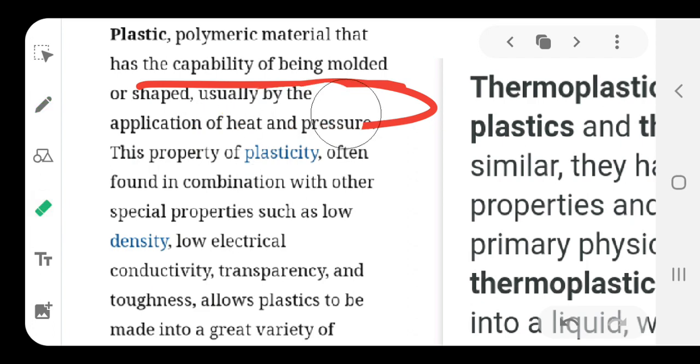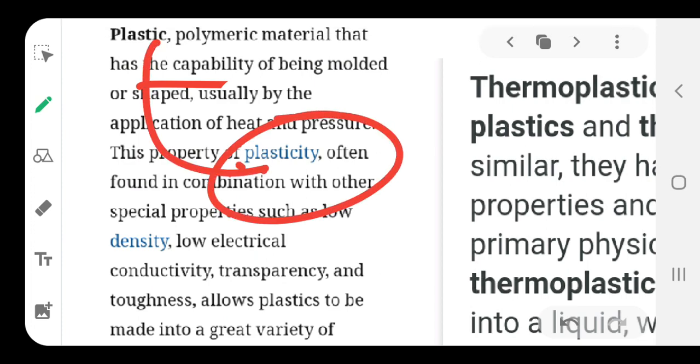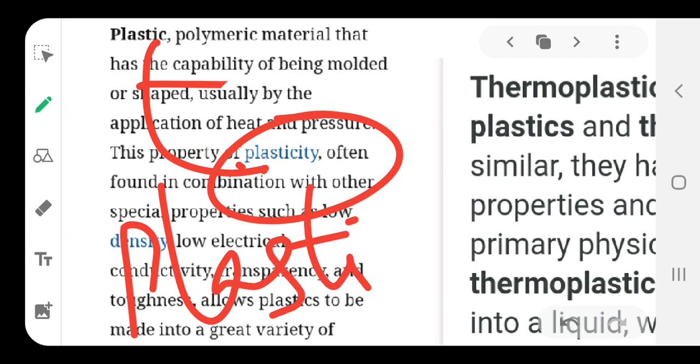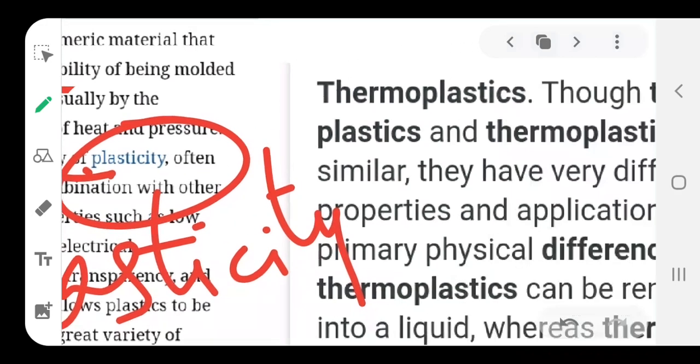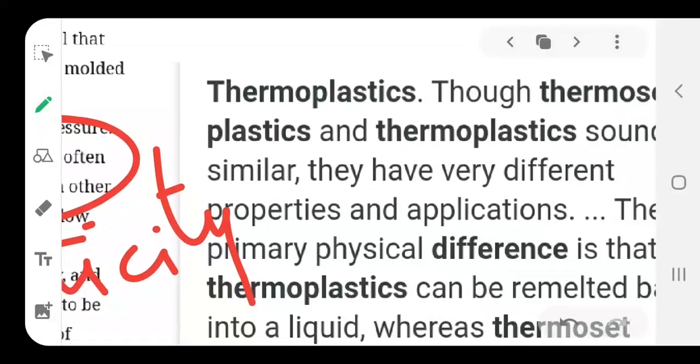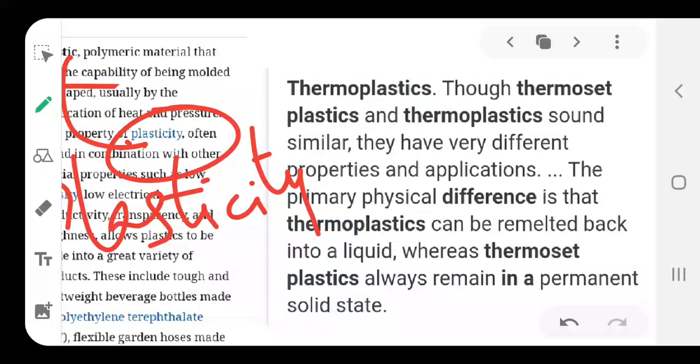The substances that have such properties are called plastics, and the property is called plasticity. So this is the property by which we can mold the substance on heating. Write down this term again and again, so you can know what the meanings are.